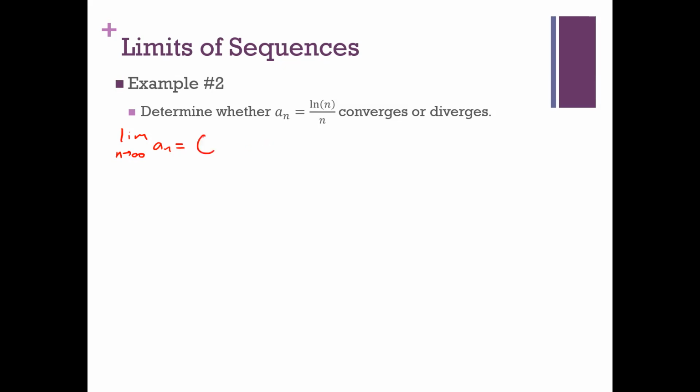Maybe it goes to zero. If the denominator grows at a faster rate than the numerator, essentially this thing should get smaller and smaller and smaller. It'll always be positive. It should get closer.